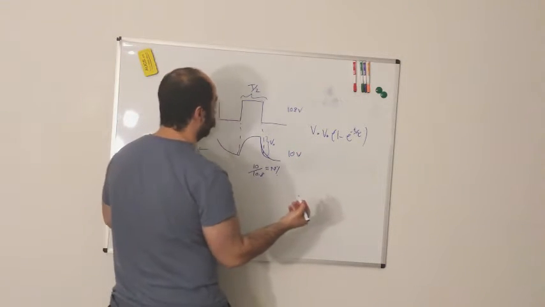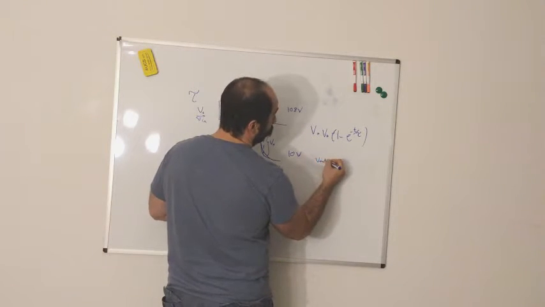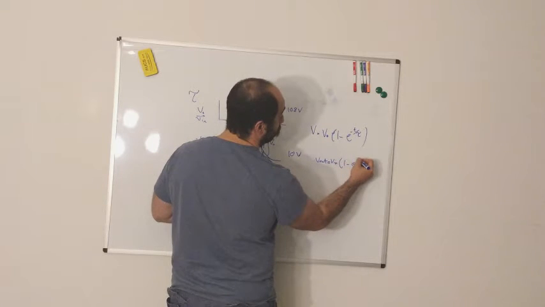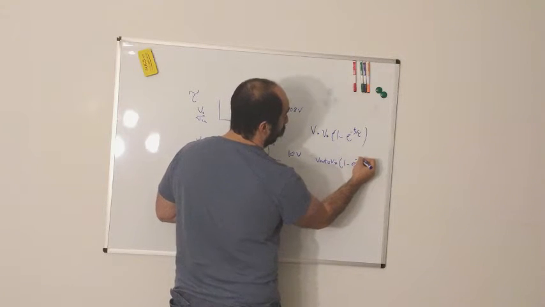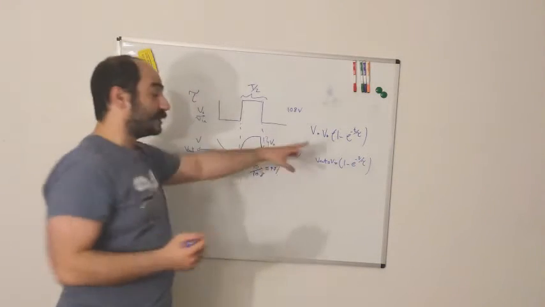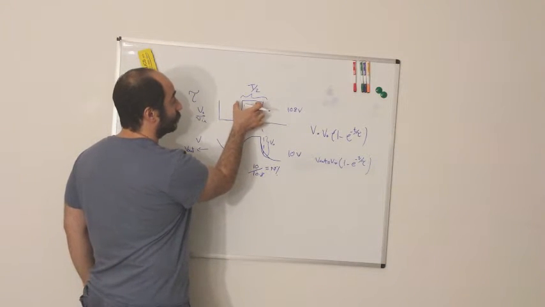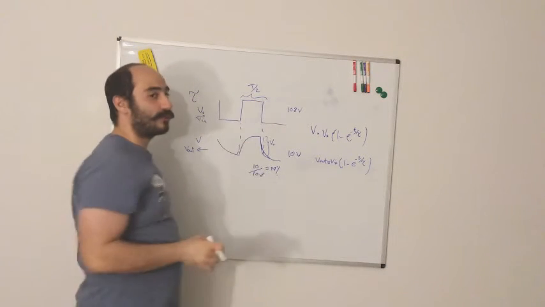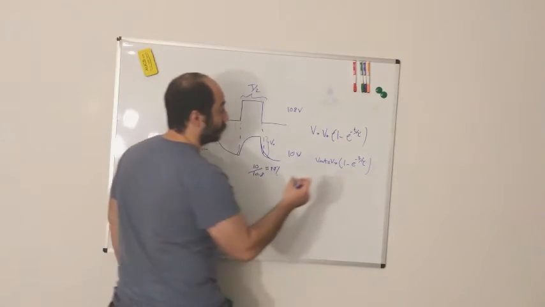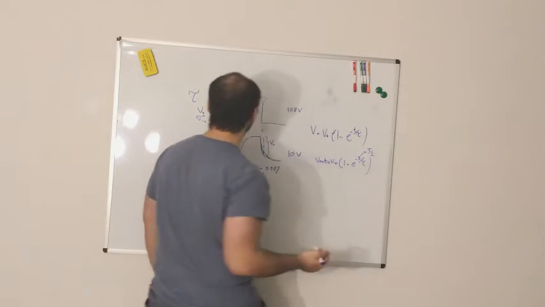So what you can do is consider V out equals V in times 1 minus e to the power minus t over tau. And what would be your t in this case? This is your charging period, which is going to be half of the whole period of the wave, period over 2.